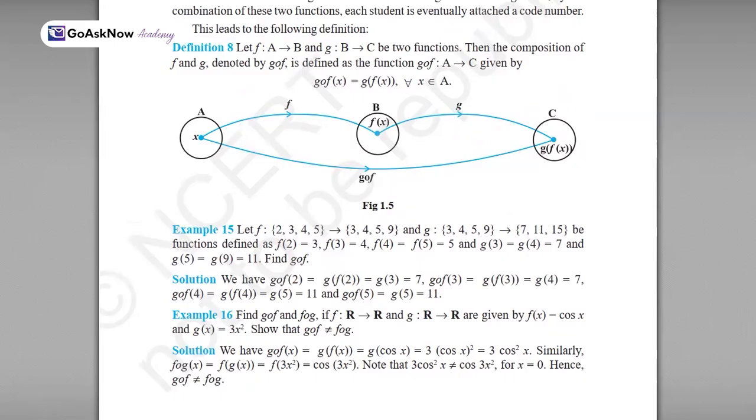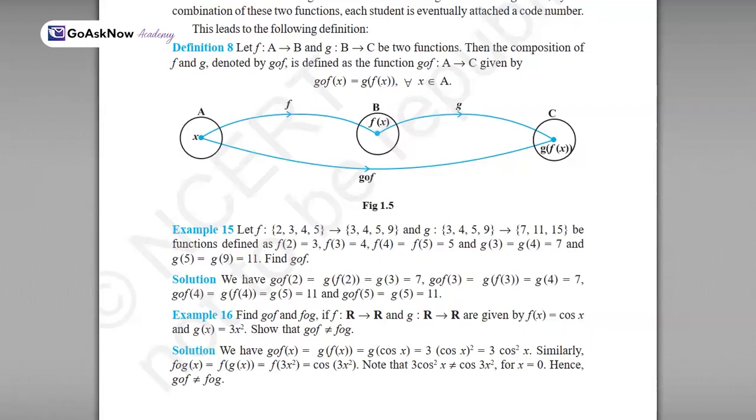So how does this come, why is it g of f(x) from A to C? Because you have the function from B to C, that is g, and if you want any function from A to C, you have to travel two paths. You first have to cover the x to f(x) path, then you have to cover the g of f(x) path.